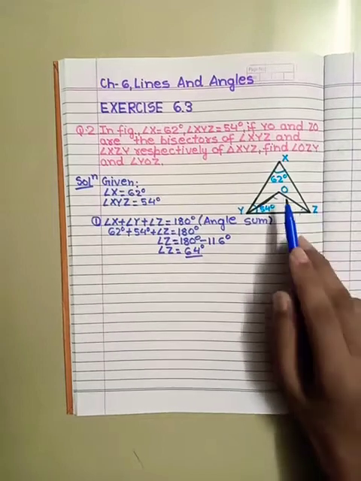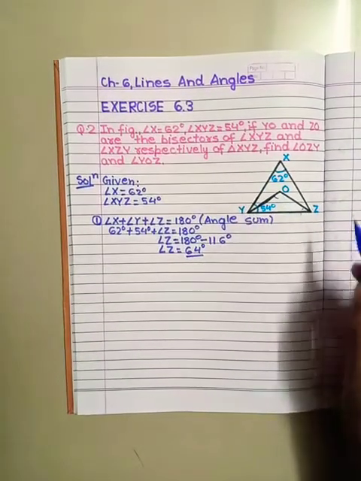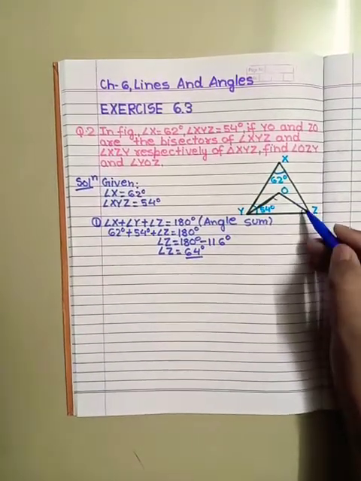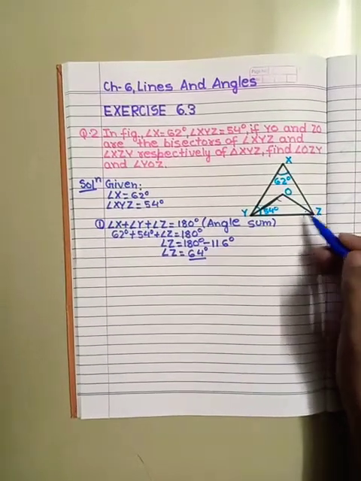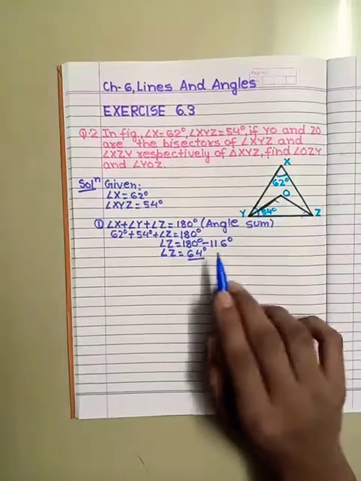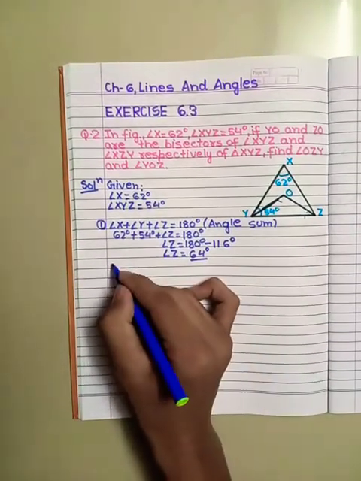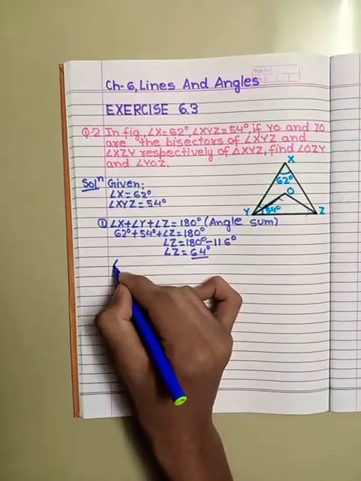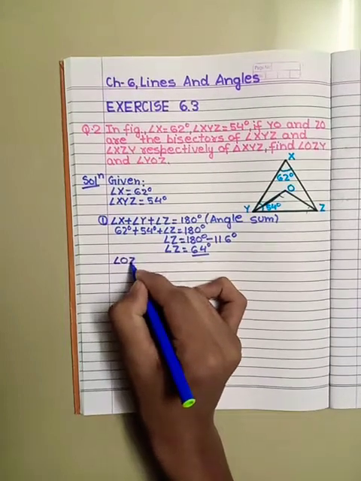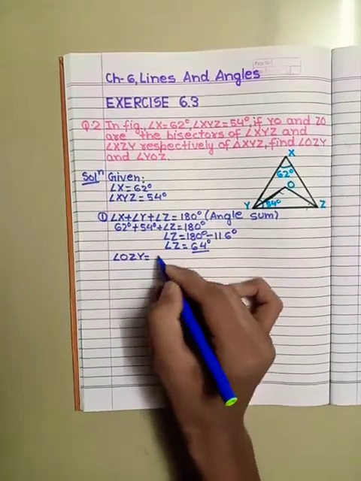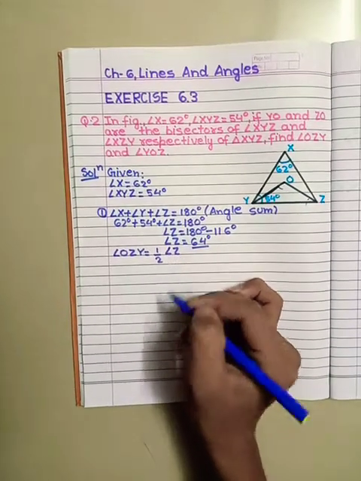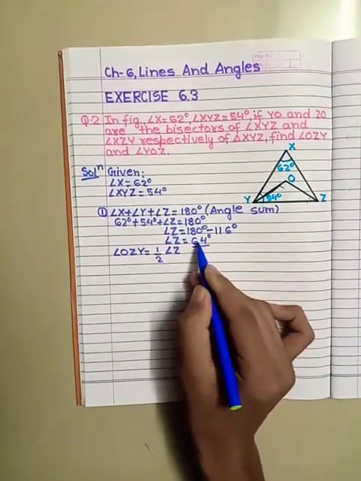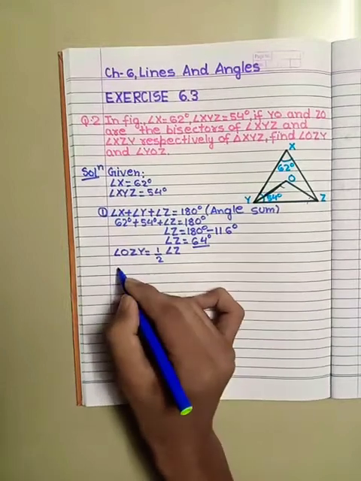So we have found angle XZY, this complete angle, but in the question we are asked to find angle OZY. We can find angle OZY because these two angles are equal. That means angle OZY will be half of angle Z. So I will write that angle OZY will be half of angle Z. We are given the value of angle Z, that is 64 degrees.